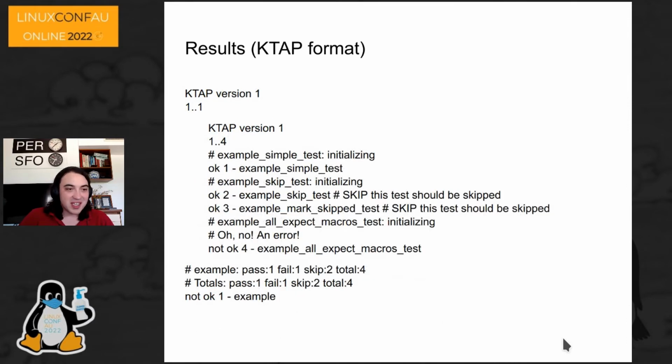A more complicated example is this one, which has some tests which are skipped. We'll get to skipped tests later, but you can mark tests as having been skipped. Tests that have failed, comments which are called diagnostic lines, some statistics about how many subtests passed and failed, and because something failed, the whole thing failed.